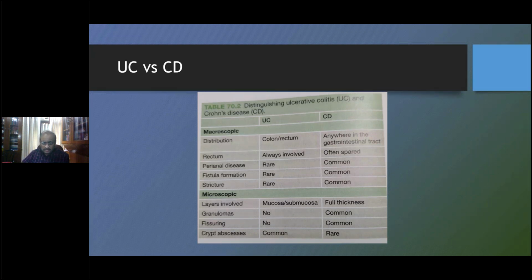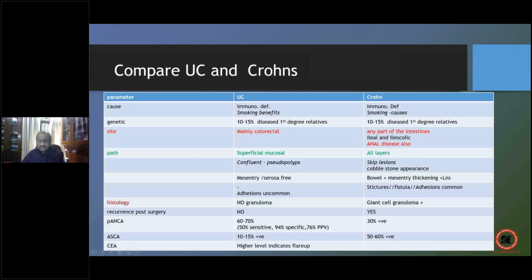Microscopically, here you have mucosa, submucosa; in CD you have all layers. In ulcerative colitis, which is fulminant, you have all layers, but by and large, 95% will have only mucosa and submucosa. Are the granulomas there? No. Fissuring there? No. Crypt abscess? Common in UC. Crypt abscesses are rare in CD or Crohn's disease.